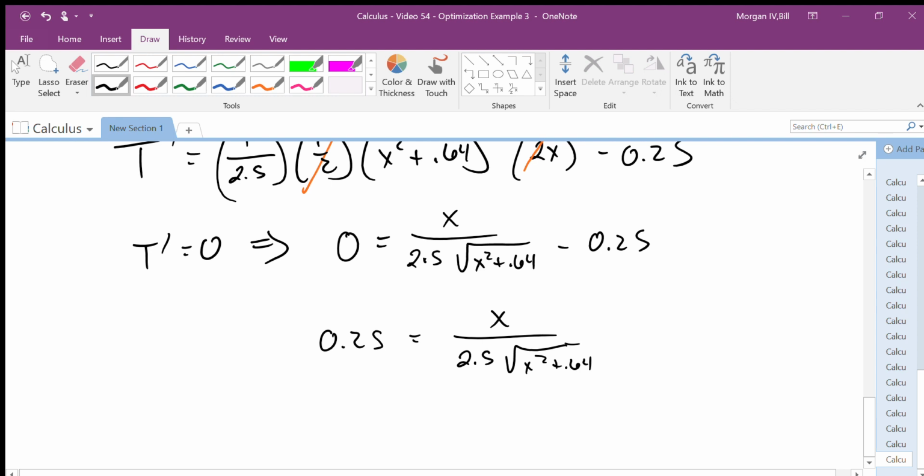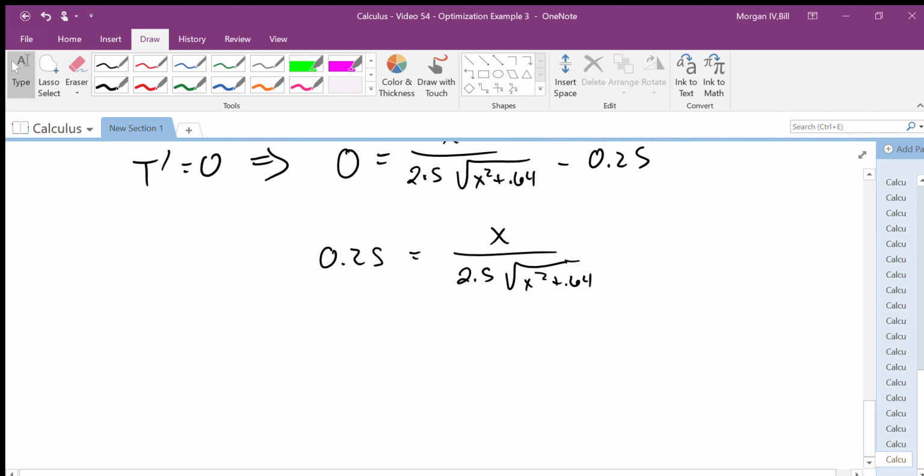Let's go ahead and multiply that through. Multiply both sides by 2.5 square root of x squared plus 0.64. So I have 0.625, that's 0.25 times 2.5, 0.625 square root of x squared plus 0.64 equals x.